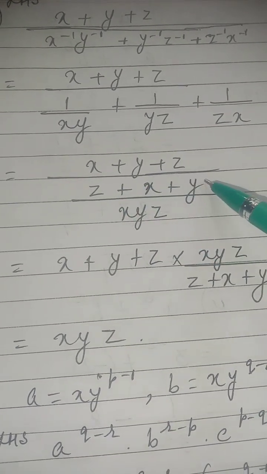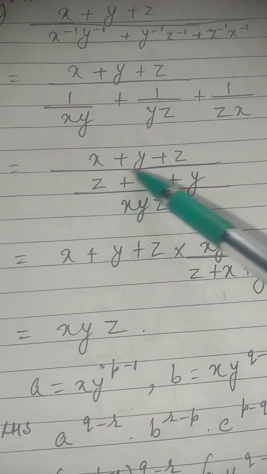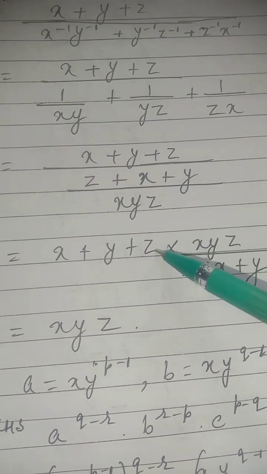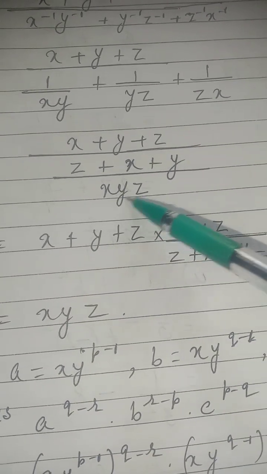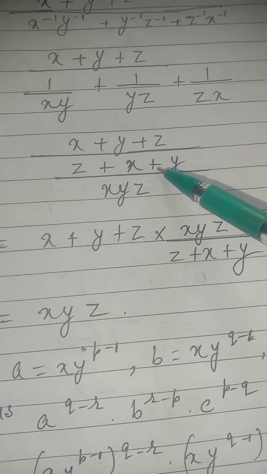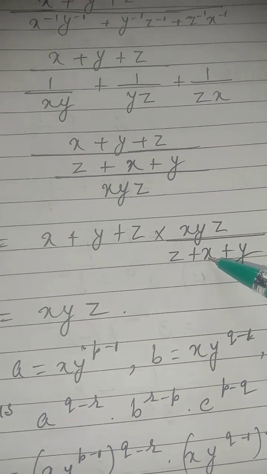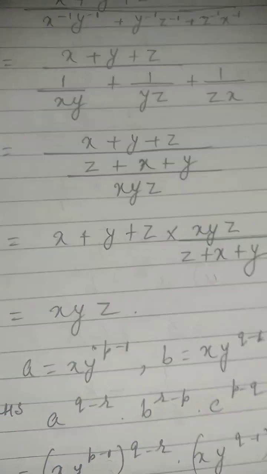Now this is the main divide sign. If you multiply, x + y + z stays as it is, and xyz comes to the numerator, and z + x + y is in the denominator. Now this and this will cancel, so the answer will be xyz.